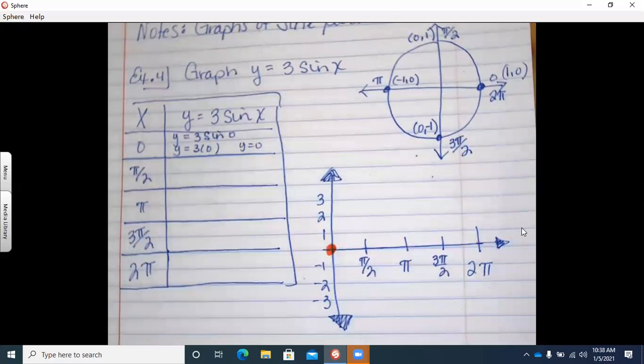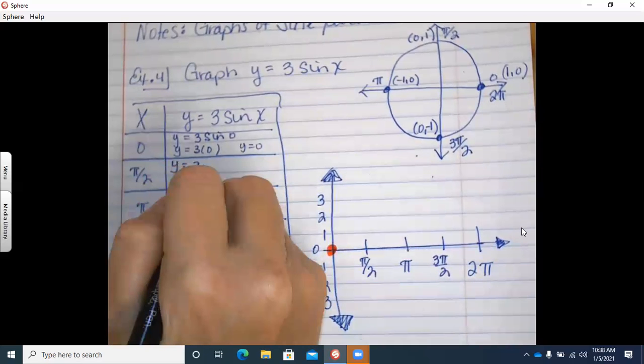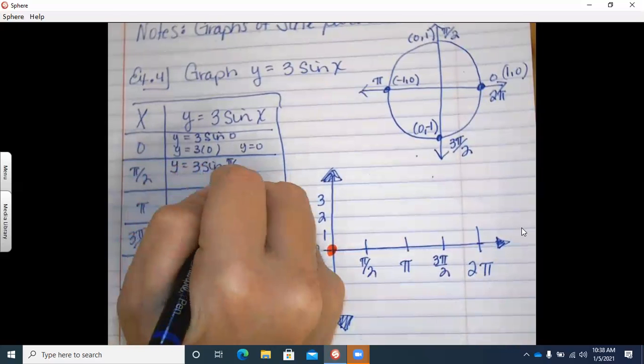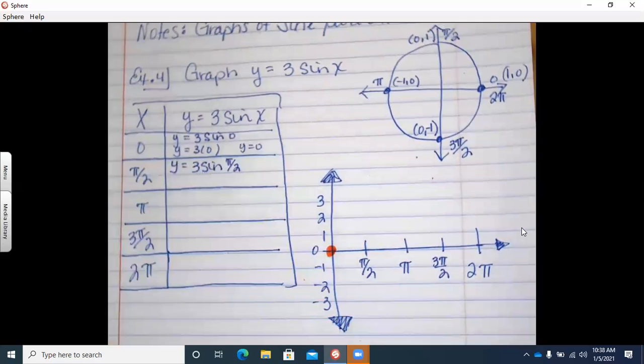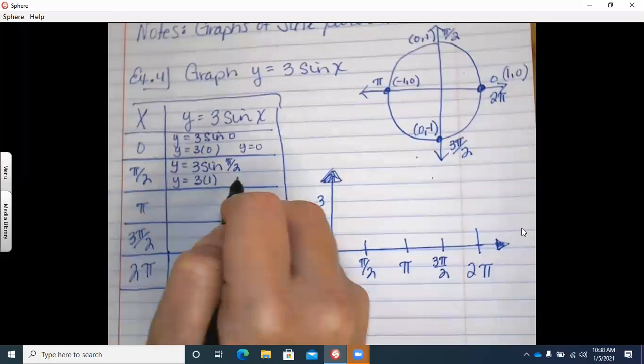All right, pi halves. Y equals 3 times the sine of pi halves. What is the sine of pi halves? 1, right? Because remember, sine is your y value. So that would be 3 times 1, which is 3.